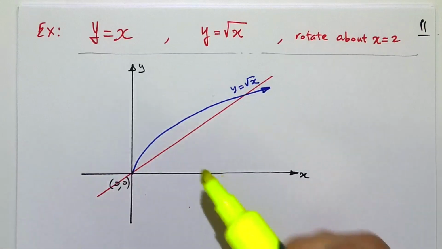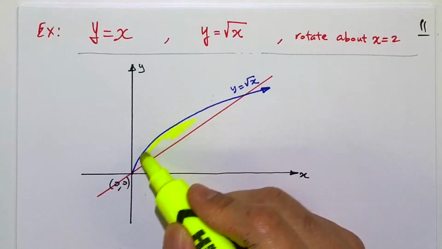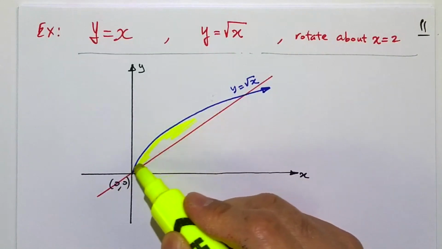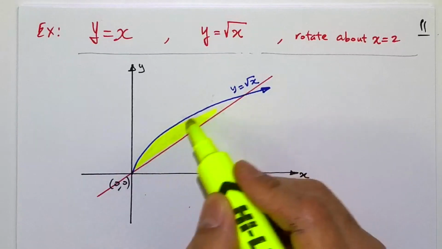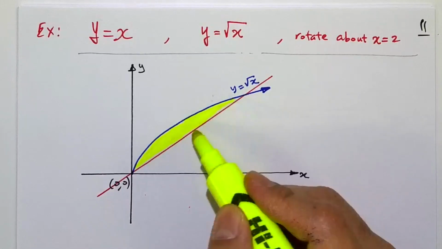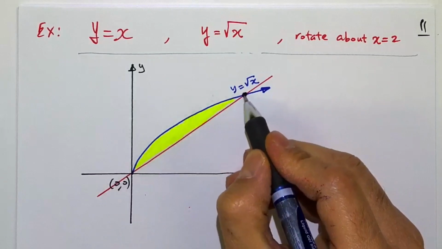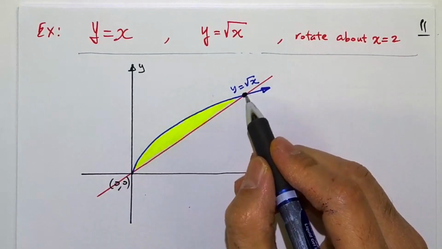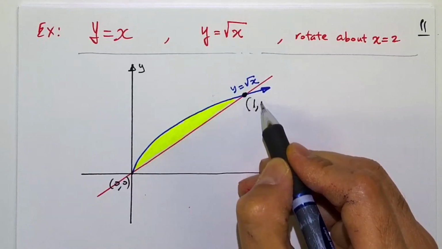And so we have this region. So we already know from the previous examples that kind of look like this, or partially were the same as this one. We know that is 1, 1.